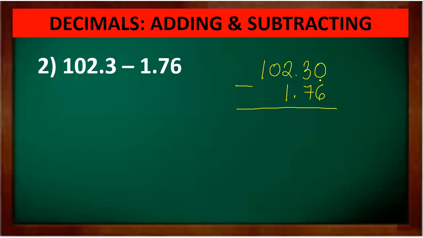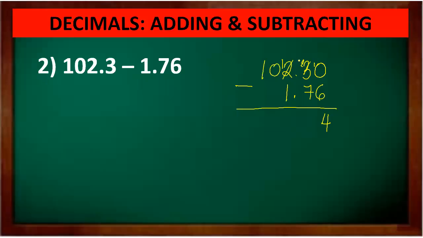Since 0 minus 6 cannot be, we will be borrowing 1. Okay? Dito sa 3, 3 will turn into 2. Yun sa 10th place natin. Okay? So 10 minus 6, that is 4. 2 minus 7 cannot be because ito dito is 7 is greater than 2. So, we have to borrow 1 dito kay 2. Cancel out si 2.